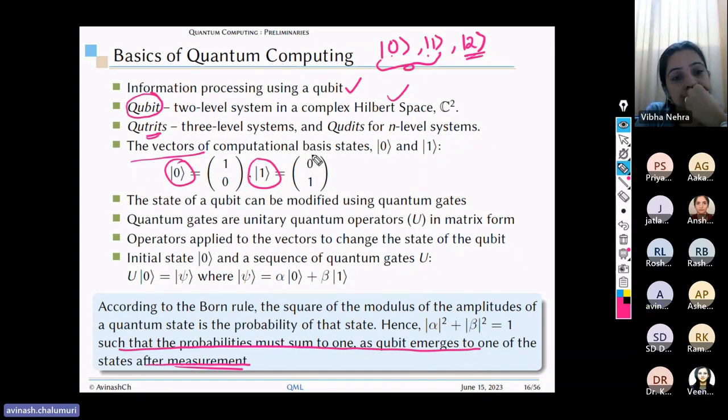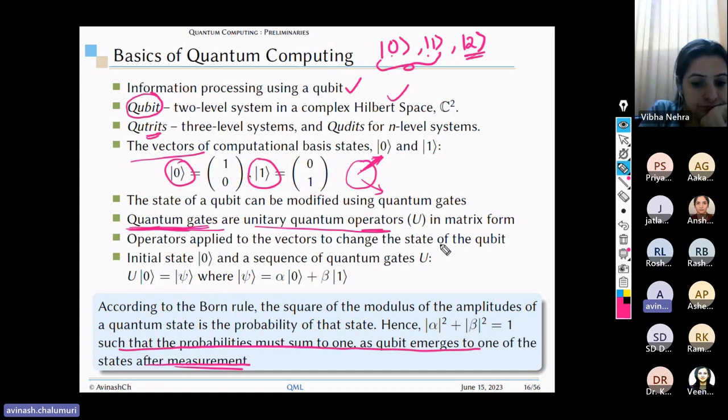Now, whenever you consider a qubit, we observe that it will be in multiple states at the same time. So to push it from one state to another state, how can we do that? In order to do that, we need to use quantum gates, which are unitary operators in matrix form.